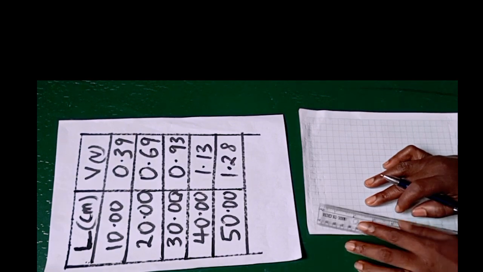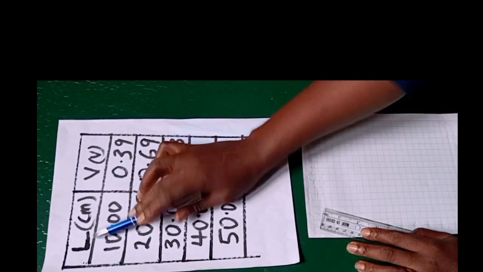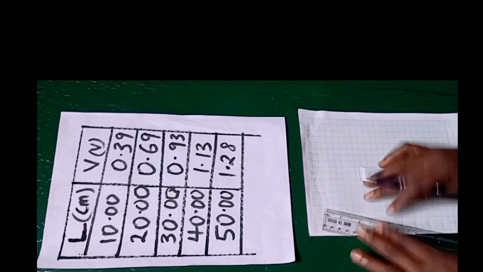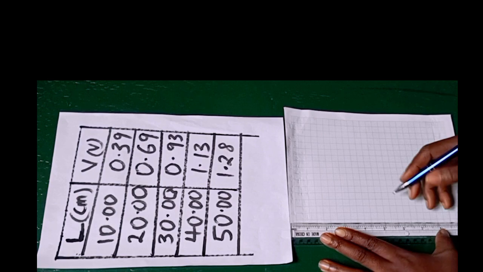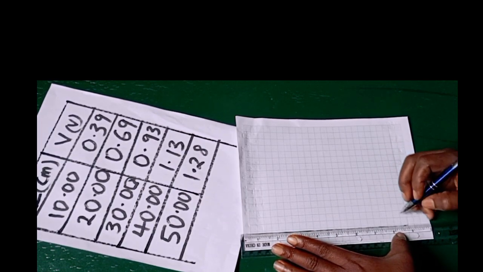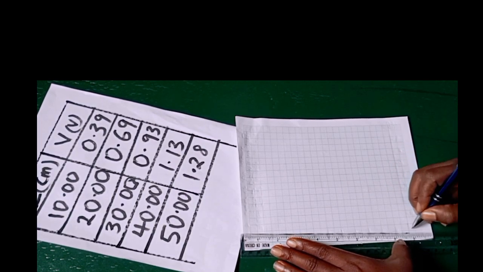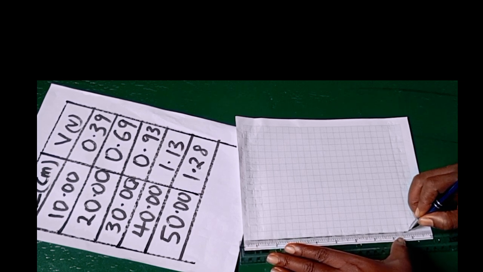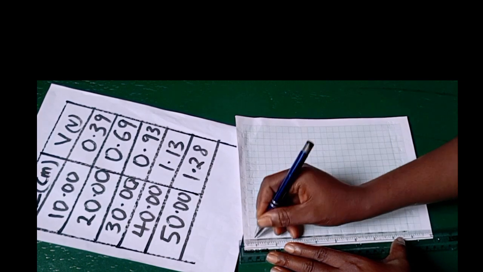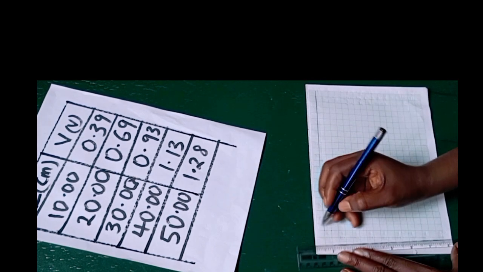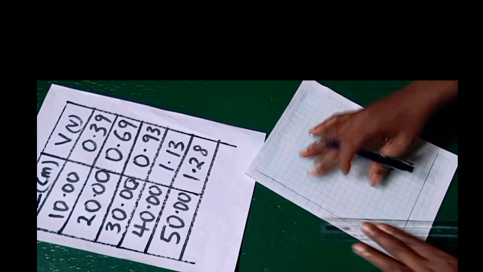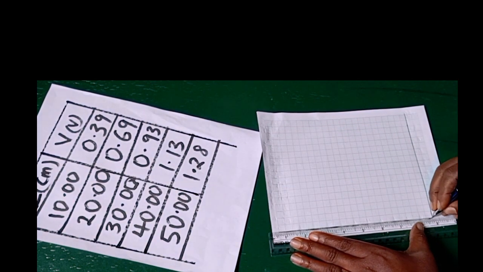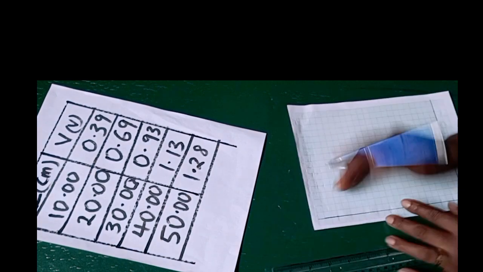Let's see what we have. We're asked to plot a graph of V on the vertical against L on the horizontal. I'm going to use pen so I can see it clearly, but when you are doing yours, use pencil.